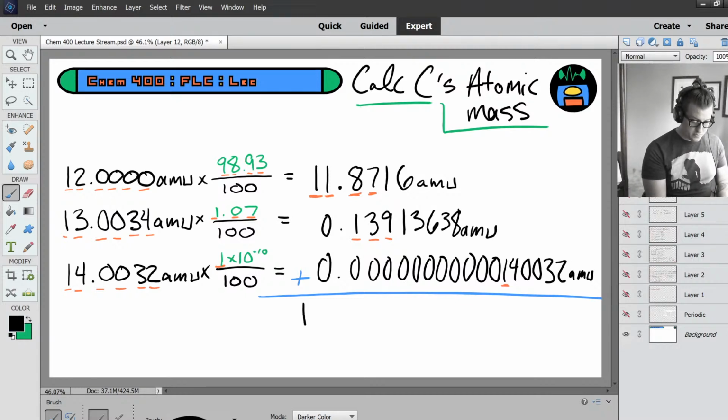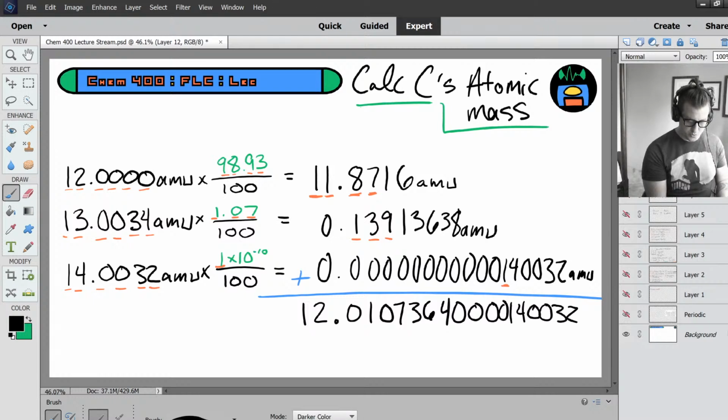So our value comes out to be 12.010736, and then the remaining digits 1, 4, 0, 0, 3, 2 AMU. All right, that is our value.